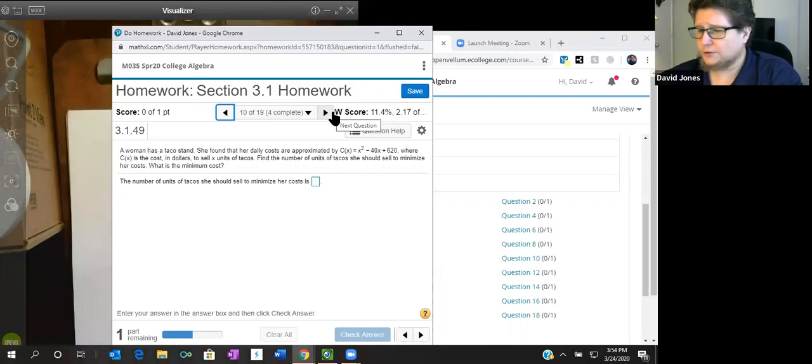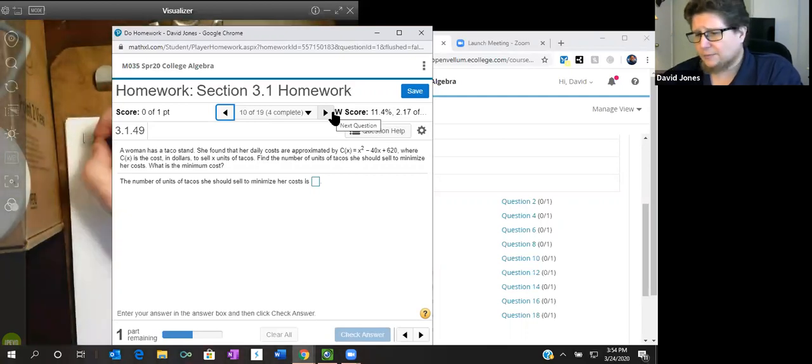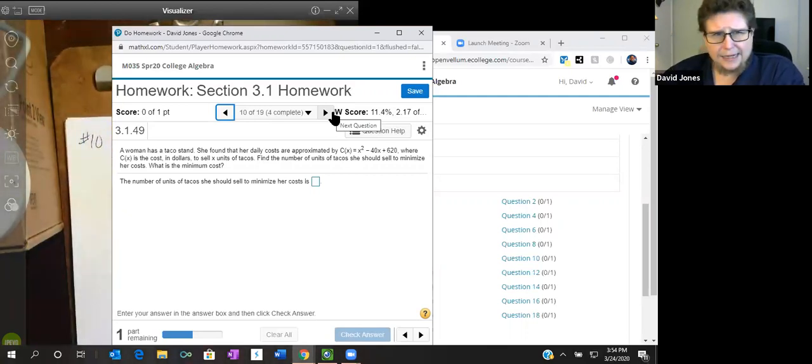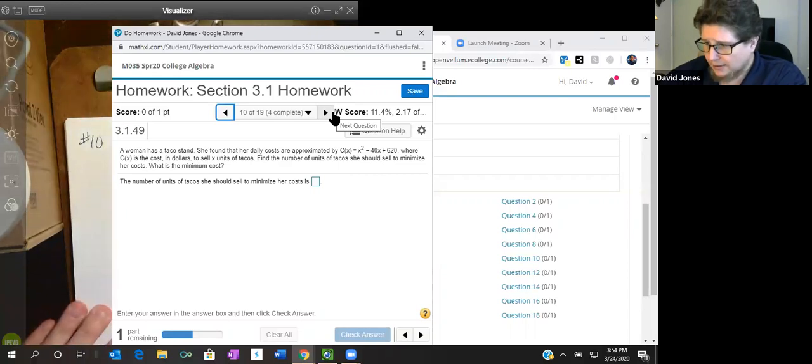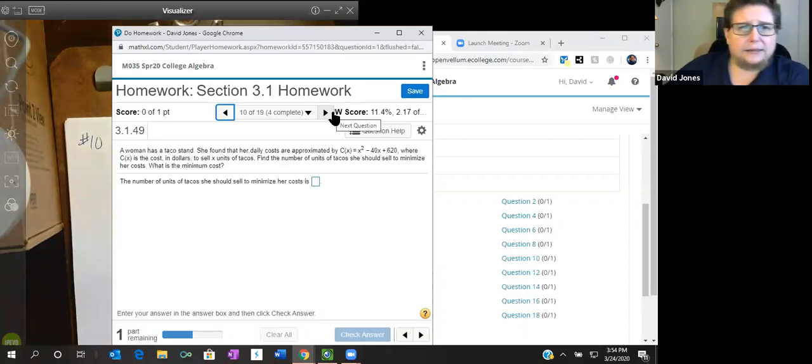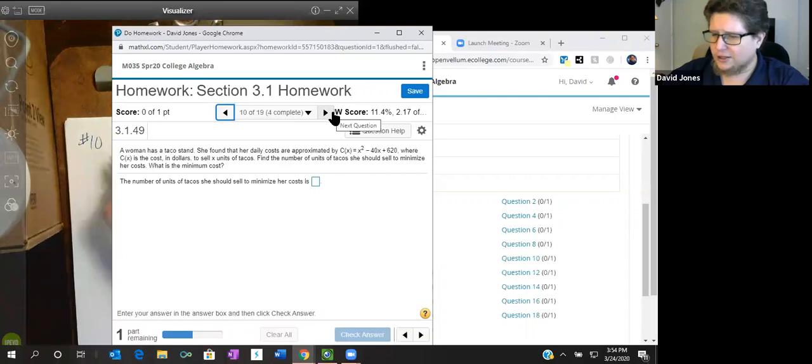So let's just talk through some of these word problems. My cost function is x squared minus 40x plus 620. This tells me it's a parabola. a equals 1, so it opens up. And this is the cost in dollars when she sells x tacos.